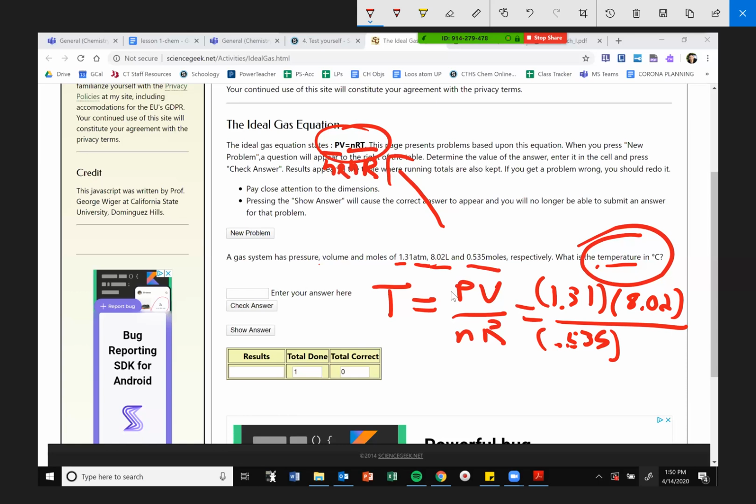And there are different units for the ideal gas constant. And we need to take a look at what units, specifically for pressure, we're dealing with in order to choose the right ideal gas constant. What you're going to see is that, and let me see here.